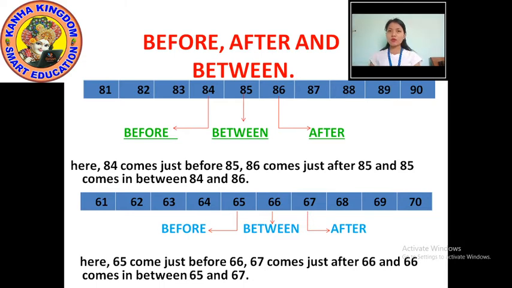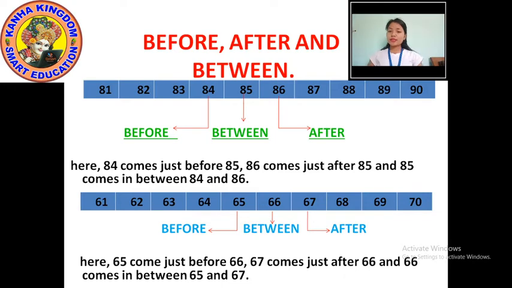Okay student, now we will see another example. In the second example I marked 65, 66, 67 as before, between and after.